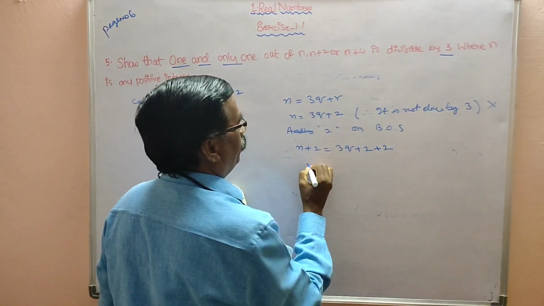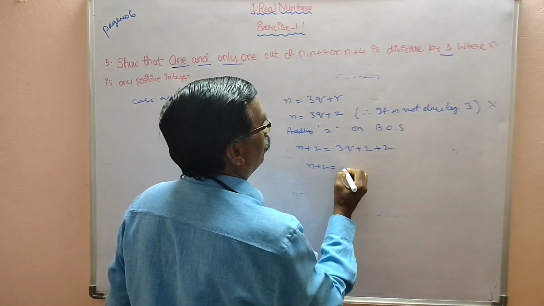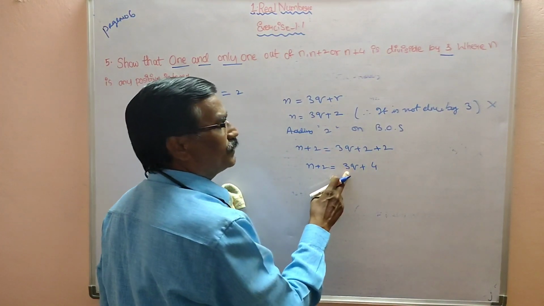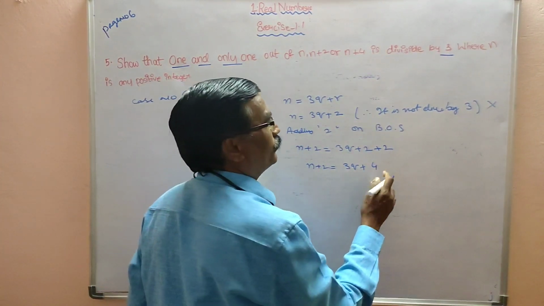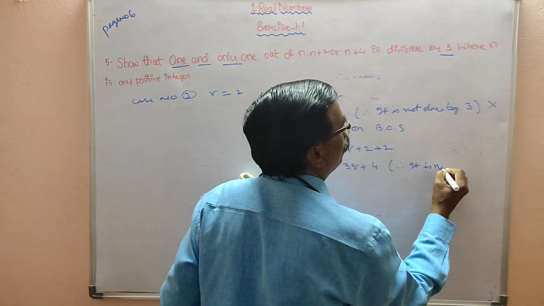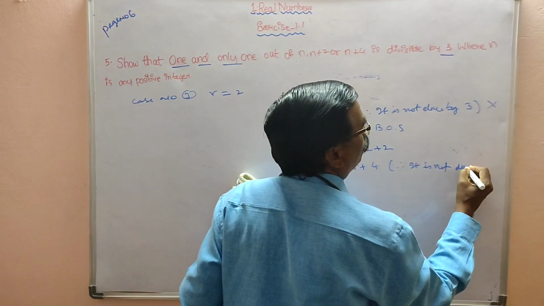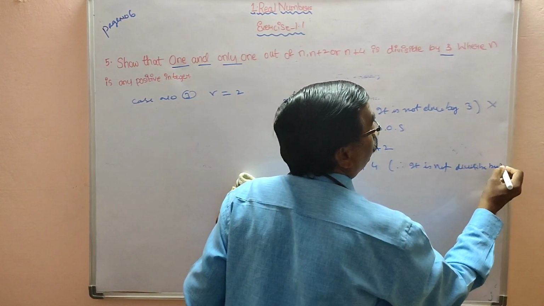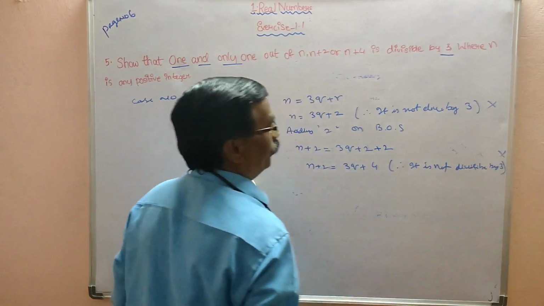So n plus 2 equal to 3q plus 4. This 3 is divisible by 3, this 4 is not divisible by 3. Therefore it is not divisible by 3. This one also is not divisible by 3.